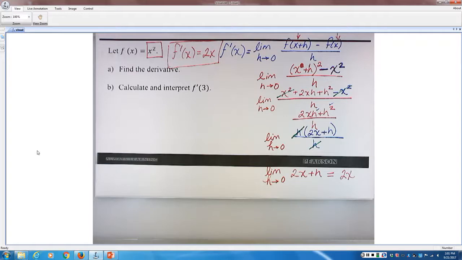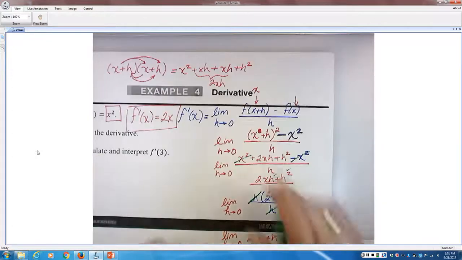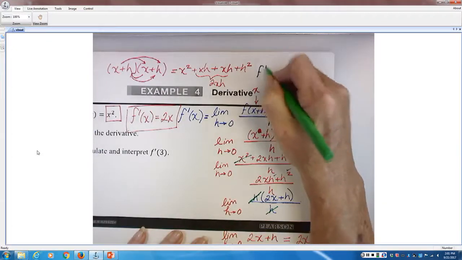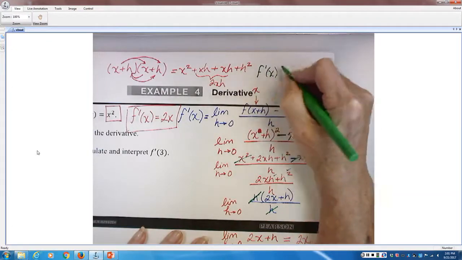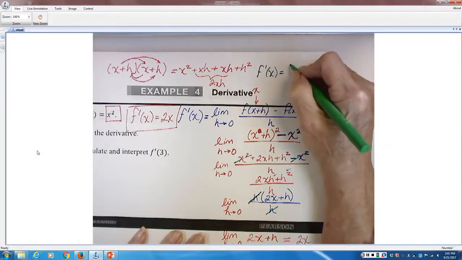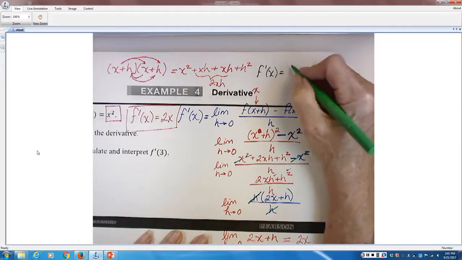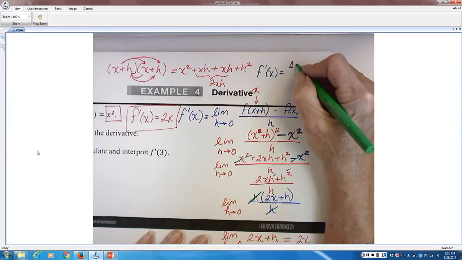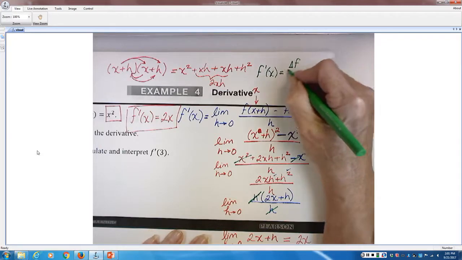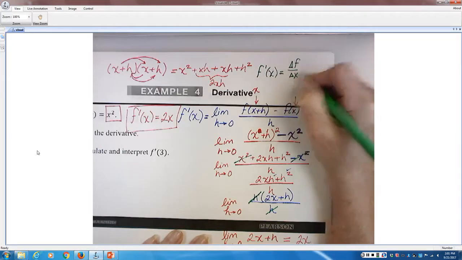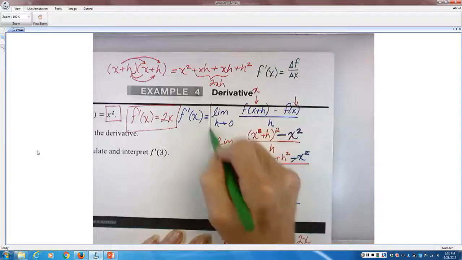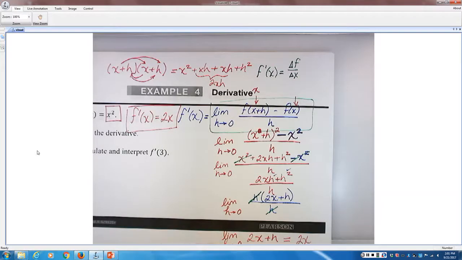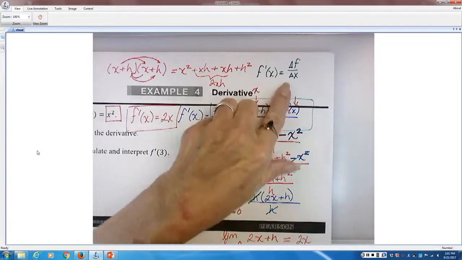There are other notations for a derivative. You can write the derivative as f prime of x, or you can write it as delta f over delta x, or you can write the whole big thing, but both of those are derivative notation.